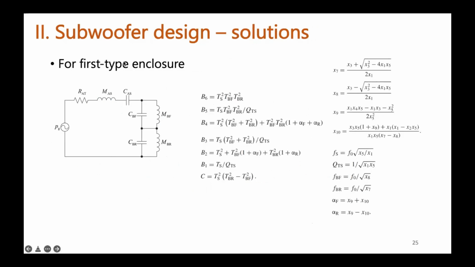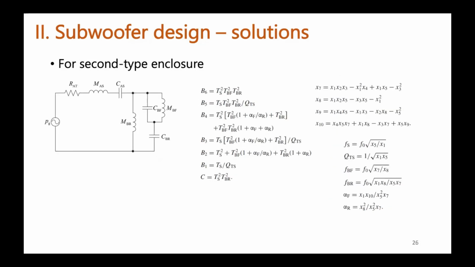And for the first enclosure, we can solve it with the analogous acoustical circuit, and derive the polynomial coefficients in terms of the system parameters. And then after alignment, we can get these driver parameters. And for the second type of enclosure, we can do it in a similar way.